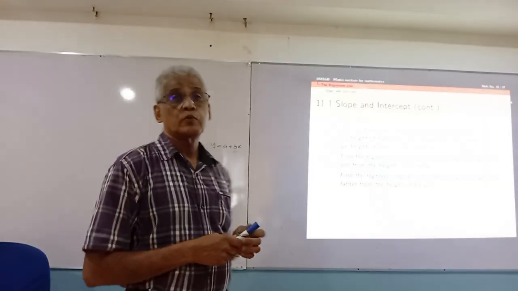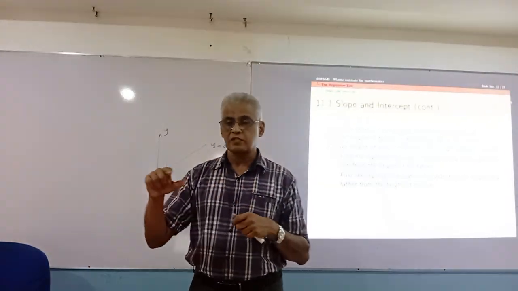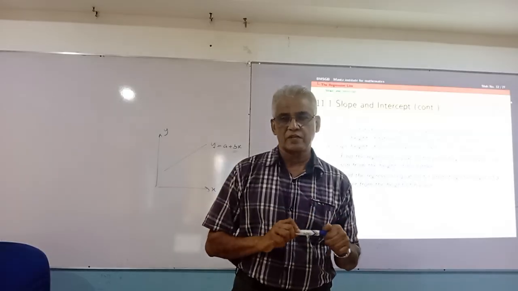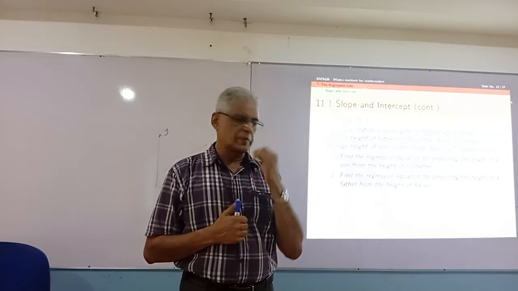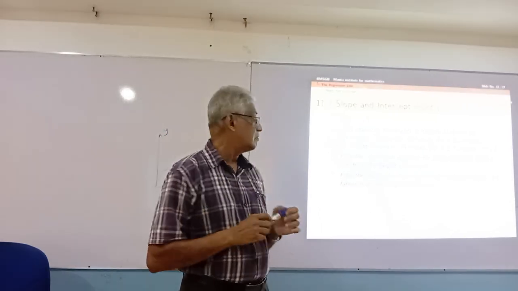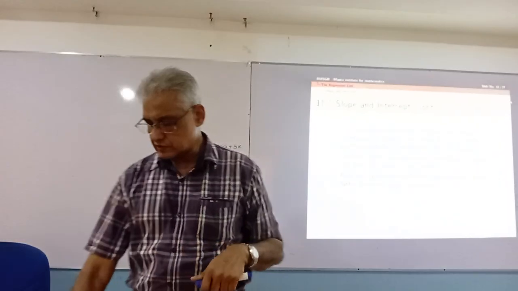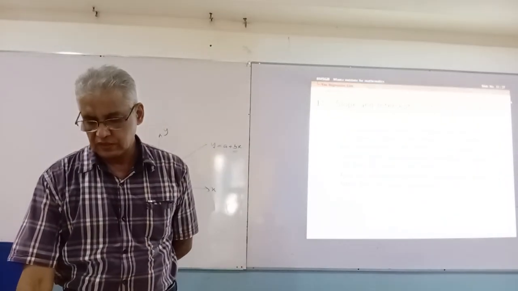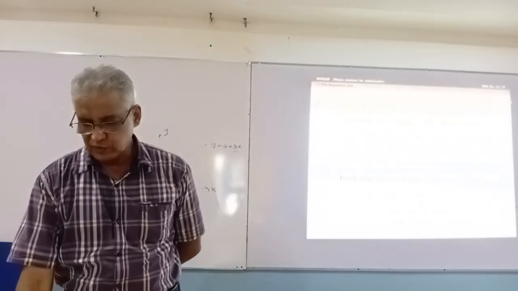Because you now know how to get the equation, you can actually find the equations and realize that they are different. Earlier we were just talking about slope and how much change in y and so on. Now we know how to get the equation, so I will assign it as an activity for you to check. You will see that the two equations are different. I have the answer here.